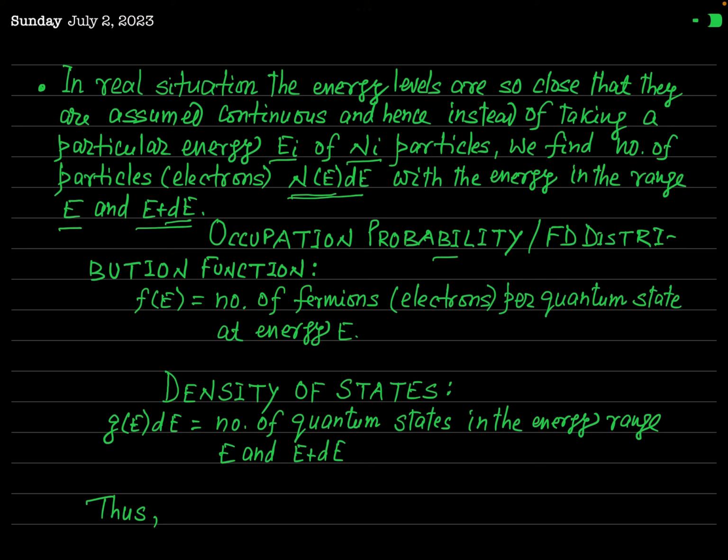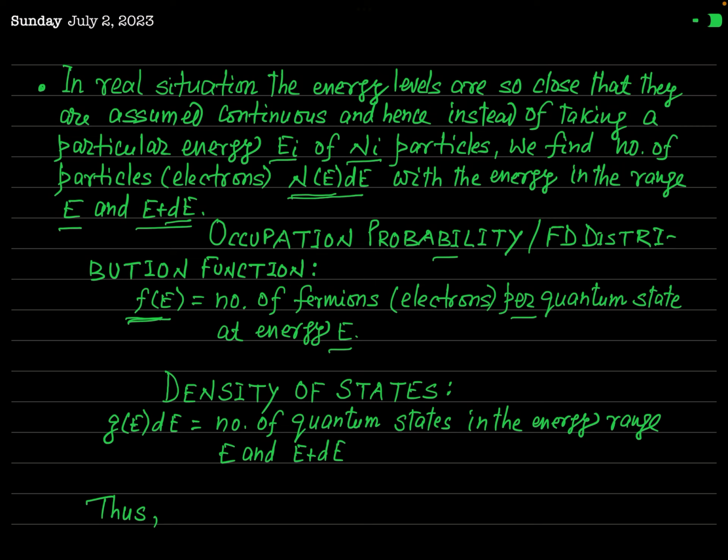This Fermi-Dirac distribution function is denoted by the symbol f of E, and actually this f of E is the measure of the probability of finding a fermion in energy level E. So f of E is defined as the number of fermions per quantum state at energy E. It means the average number of fermions in one quantum state, measured in terms of this distribution function, which is called the Fermi-Dirac distribution function.